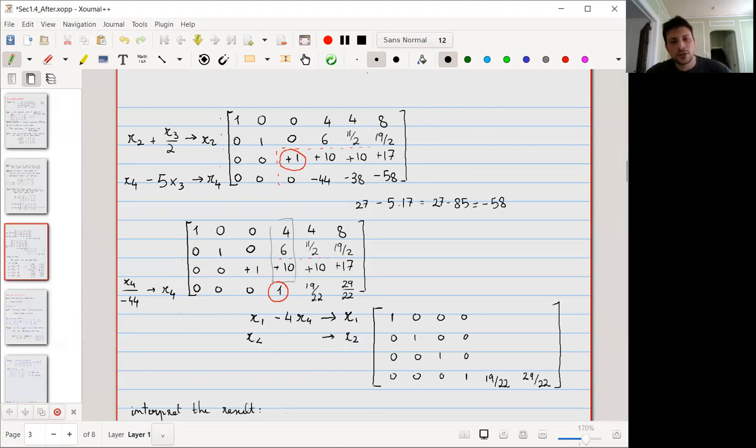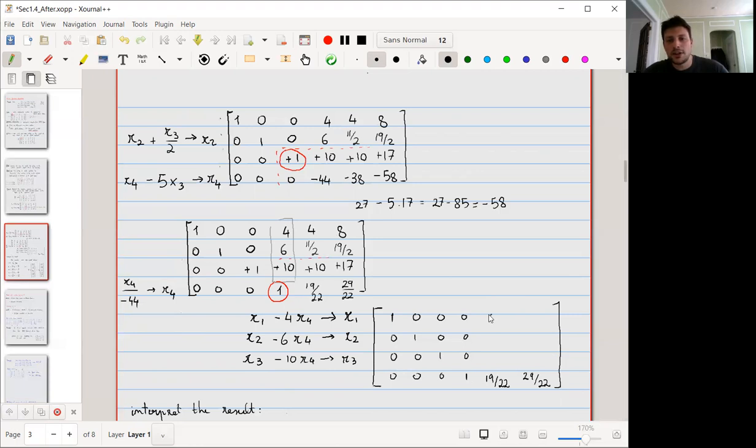You can just obtain it by subtracting 6 times the 4th row. And the third row is obtained by taking itself minus 10 times the 4th row. Now, if you do these computations, let's do the first one.